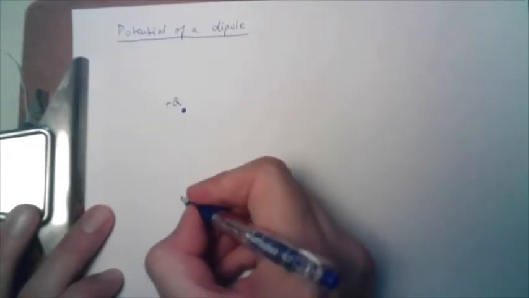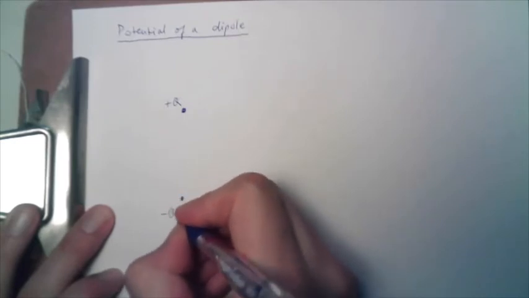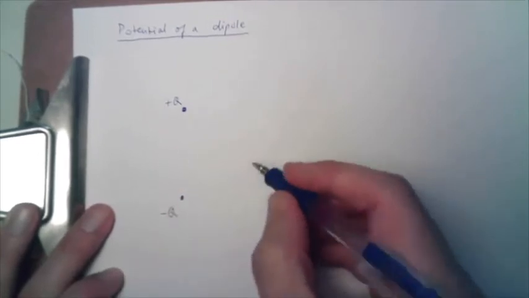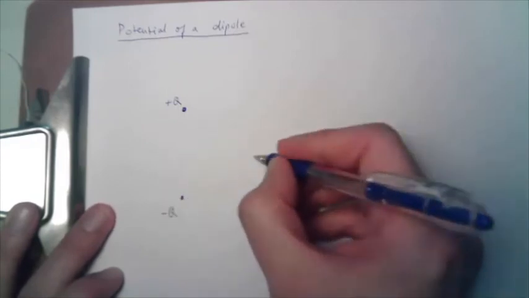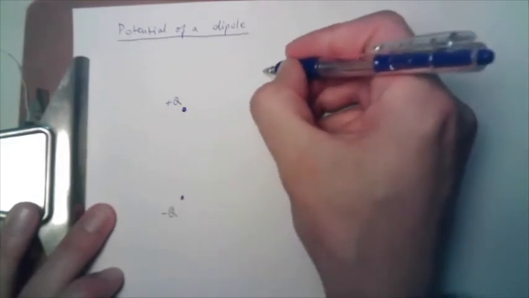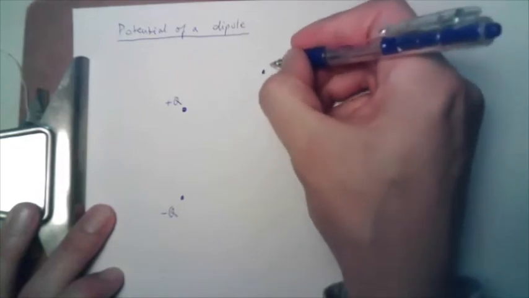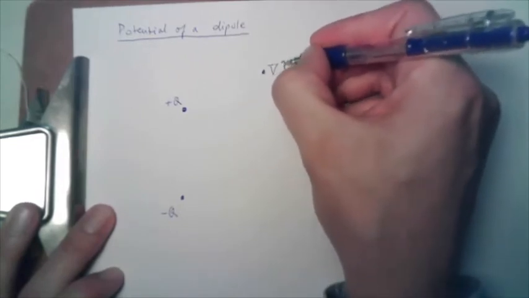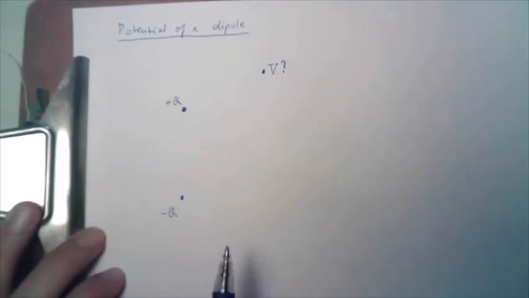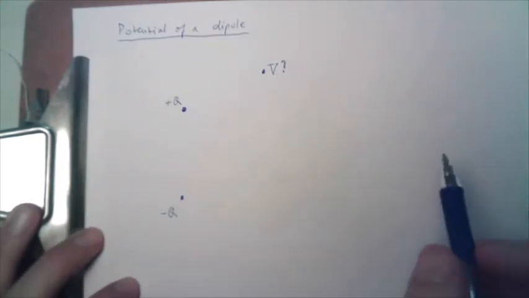We'll have a negative charge here. And then they're separated by some distance. And then we're going to ask ourselves, okay, what is the potential at some arbitrary position V?